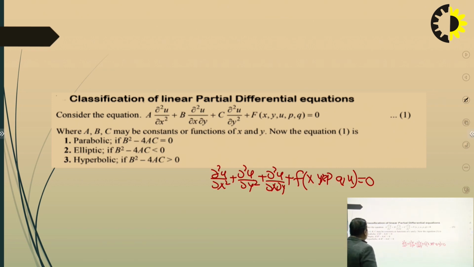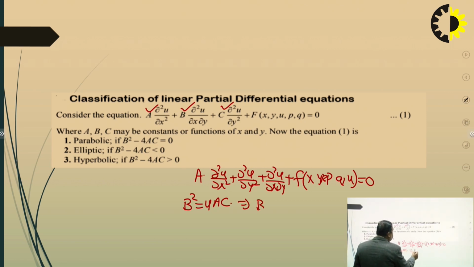We shall take the coefficient of del square u over del x square as a, del square u over del y square as c, and del square u over del x del y as b. Then we have to calculate b square minus 4ac.